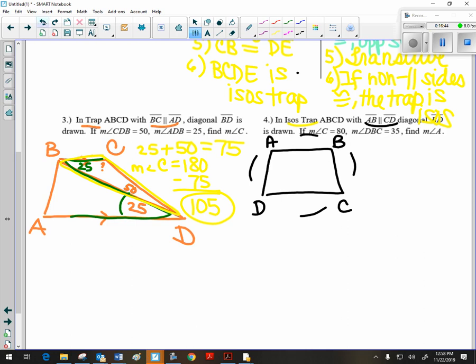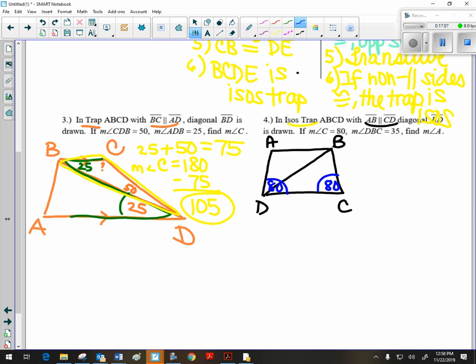And it does say in here that we have some diagonals. Actually, just one diagonal BD is drawn. And the measure of angle C is 80. So some of you may say, well, geez, that's no big deal, that's 80. I consider that to be a pretty big deal because that also means that this angle is 80 because this is another base angle. So this whole entire angle is 80.